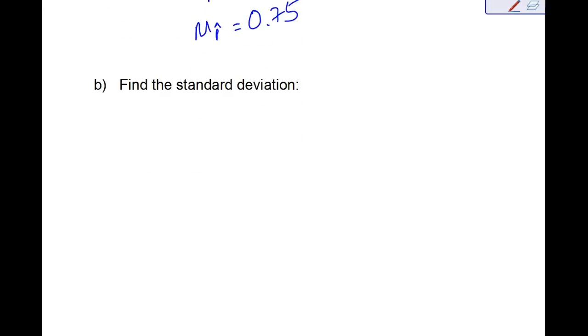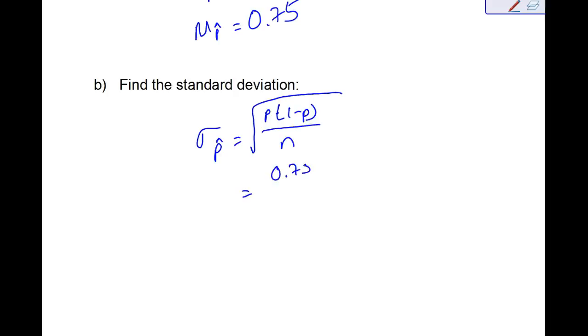So the mean of this is just going to be 0.75. The standard deviation for proportions is going to be p times 1 minus p divided by n, and we take the square root of that. So in this case, we're going to have 0.75, and then 1 minus that, which is 0.25.